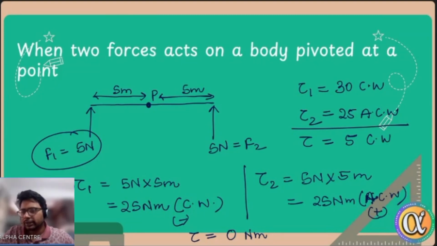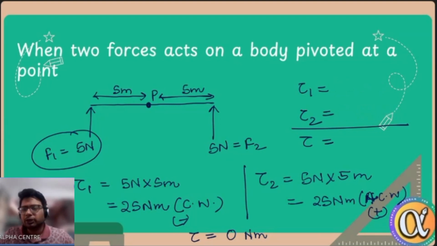You understand this? Because clockwise was more, right? So 25 anti-clockwise cancels 25 clockwise and there is 5 extra in the clockwise direction. Clear? They cancel each other as much as possible, and what is left over is that much in the direction in which the value is more.